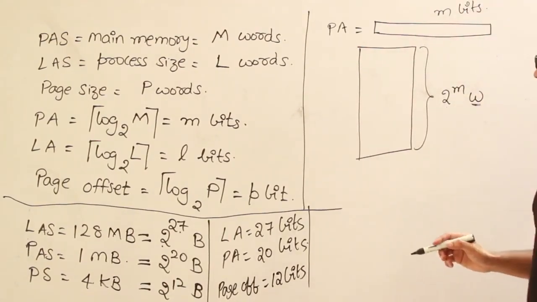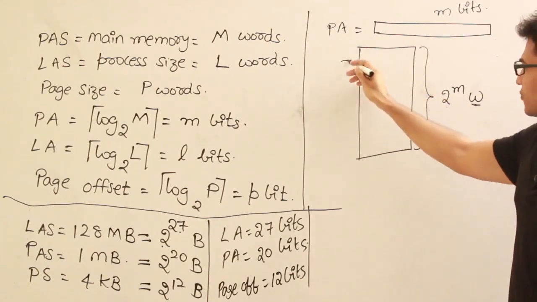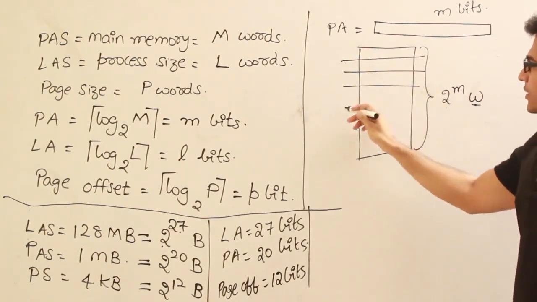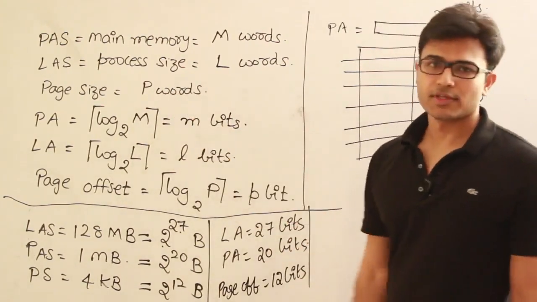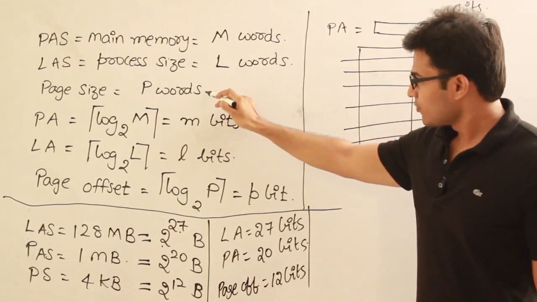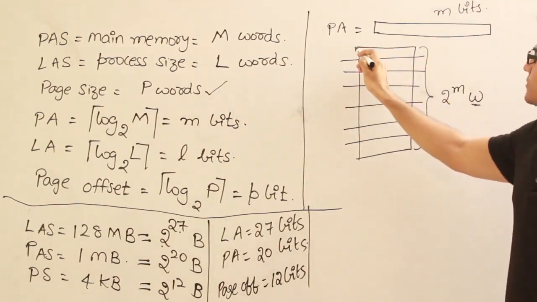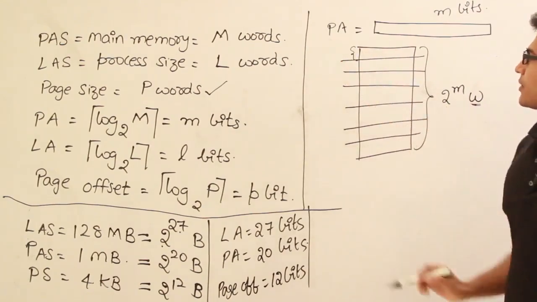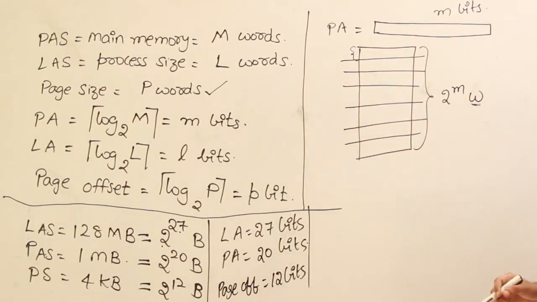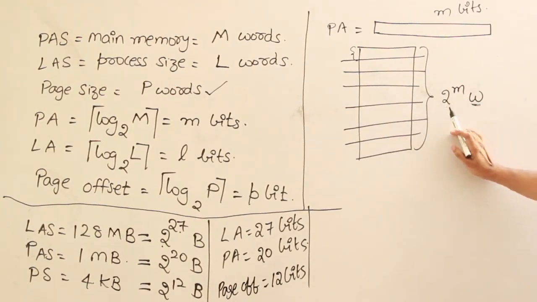And now it is divided into various frames, in such a way that frame size is equal to page size is equal to p words, isn't it? So page size equals frame size equals p words, which means each frame in this case is going to be p words. Then how many pages are there and how many words are present in each page? Now 2 power m words are there, and each page is going to contain p words.